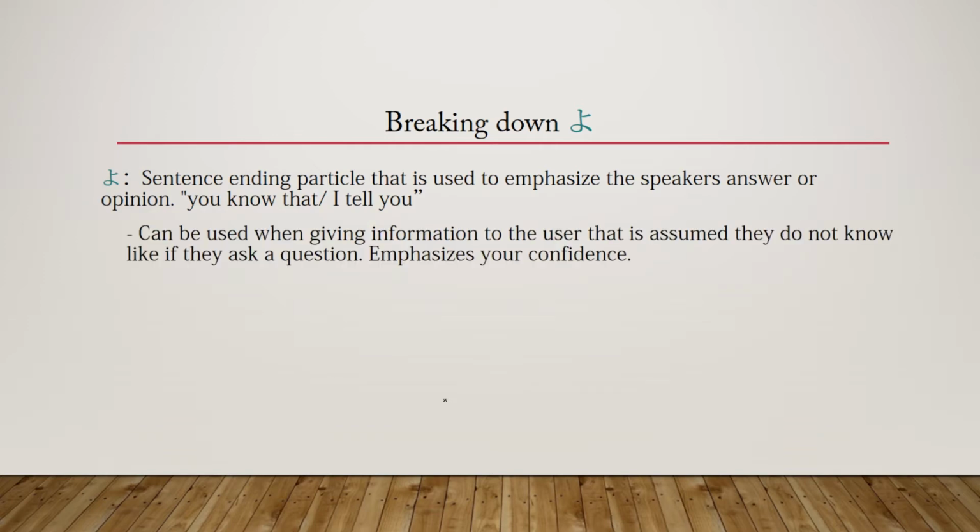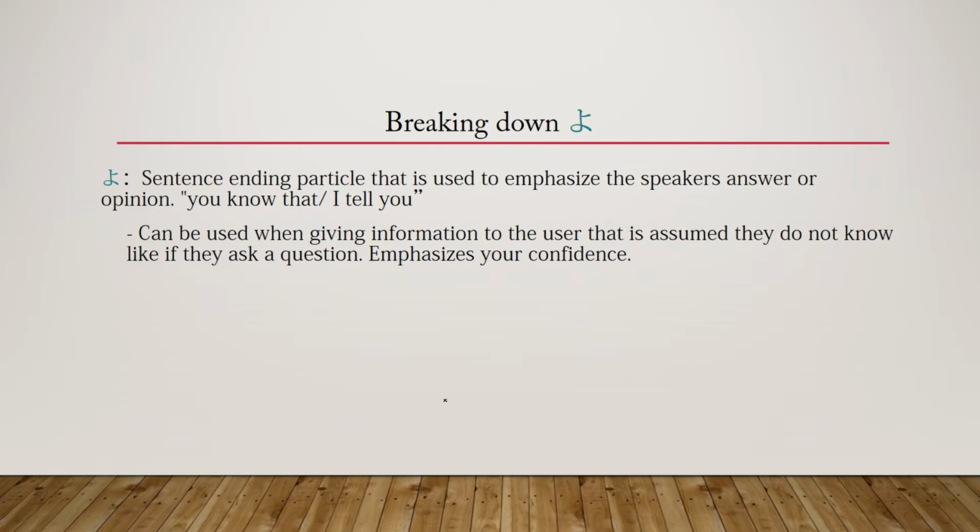Breaking it down a little bit further, one of the meanings is that you can use it to emphasize your confidence in an answer when you're assuming that they don't know this information. For example, if someone like a tourist came up and asked you, is there a movie theater nearby? If you knew there's a movie theater down the road on the corner, because you've been there a whole bunch of times, you live here, you'd say, yes, there is a movie theater nearby.